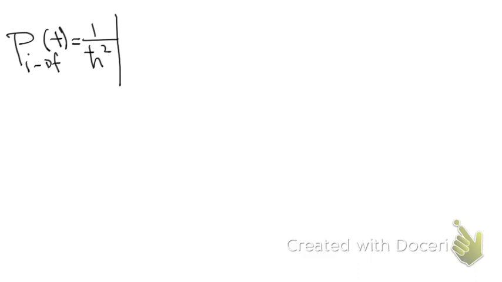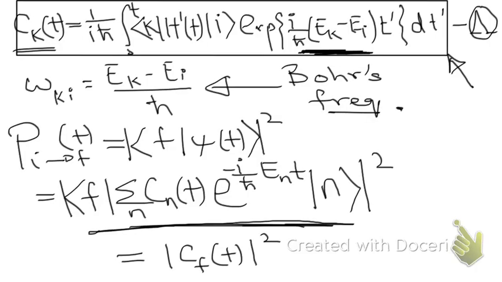and let me have this thing over here. So now all I'm doing is going back and putting the value of Ck of t in this.